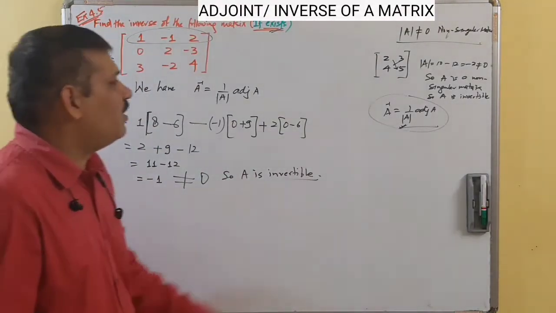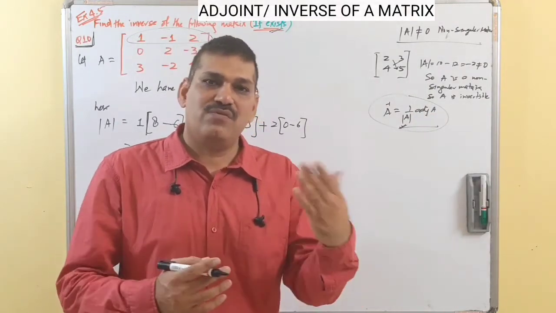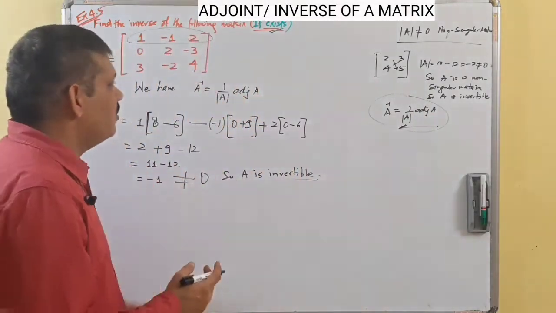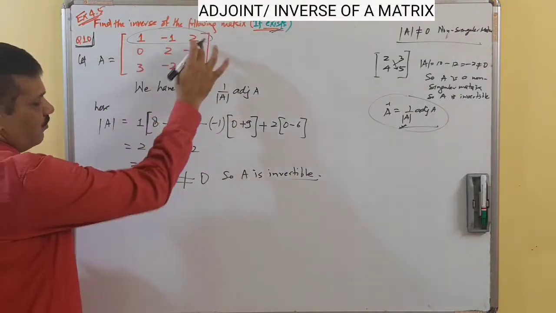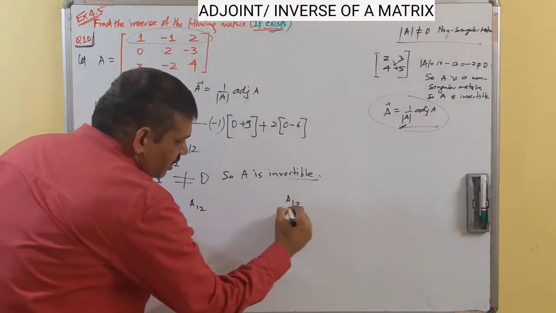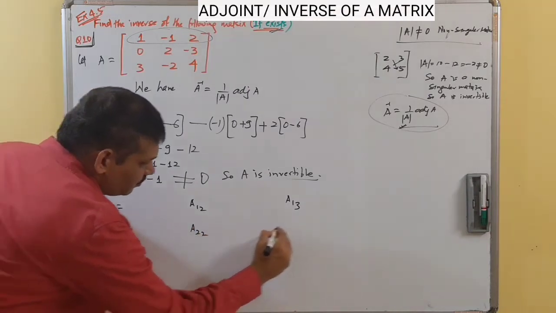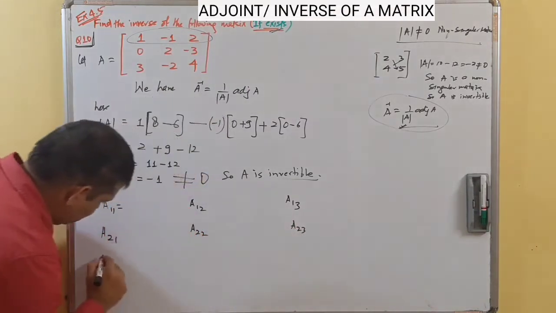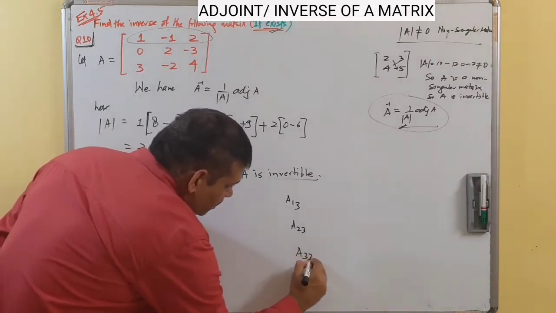Now, we need to find the adjoint A. What is adjoint A? The transpose of the cofactor matrix. Now, let's see how the cofactors are found. We have A11, A12, A13, A21, A22, A23, A31, A32, A33.